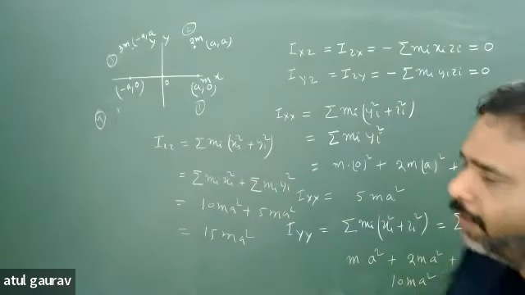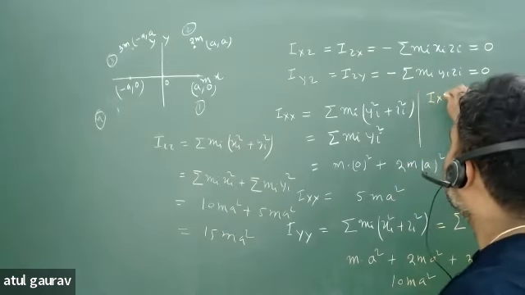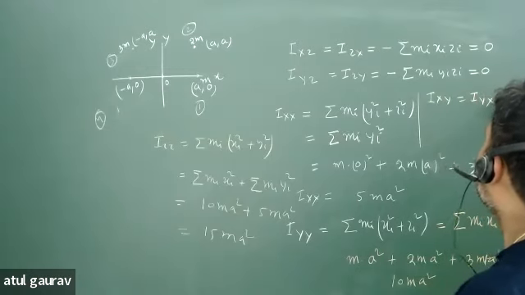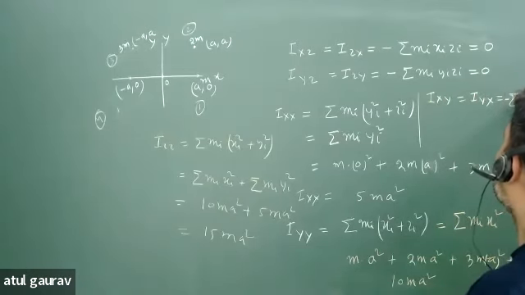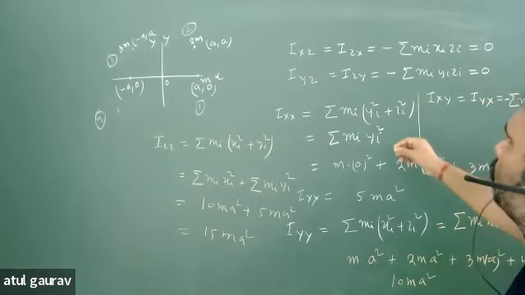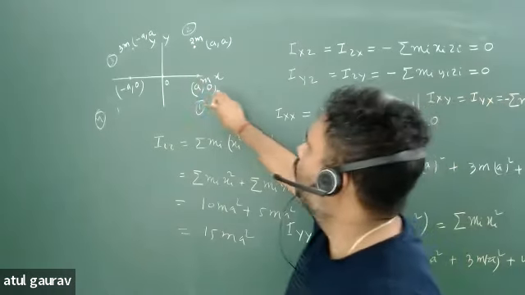So what will be the next one? Next one, what do we have to find? Ixy is equal to Iyx, and that value is equal to summation with the negative sign, mi xi yi. So now what will be the first one? It is 0, isn't it?